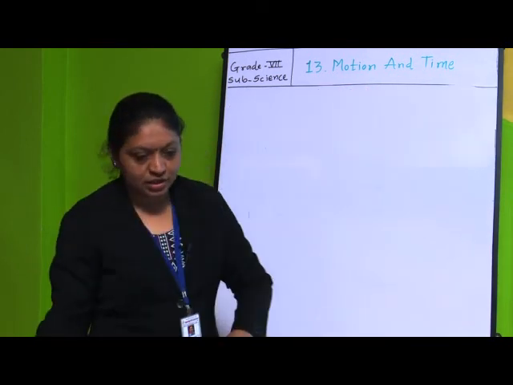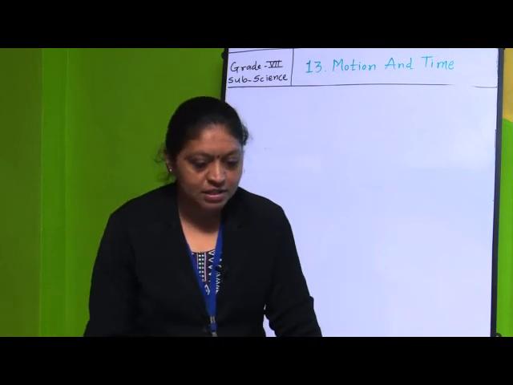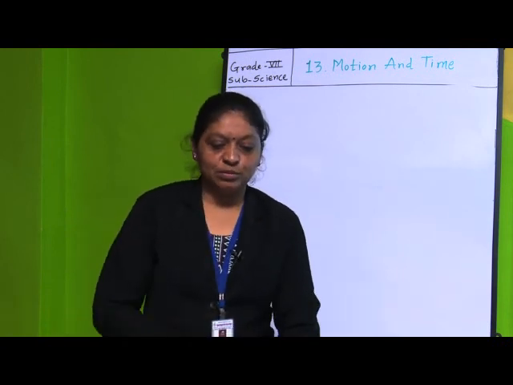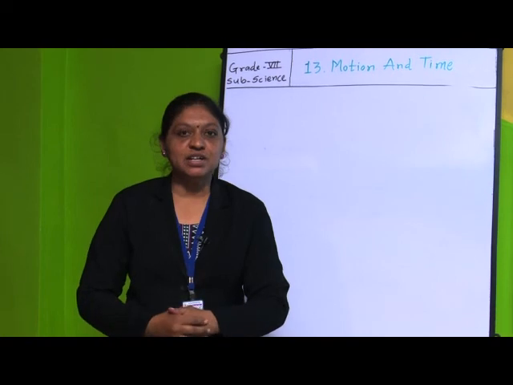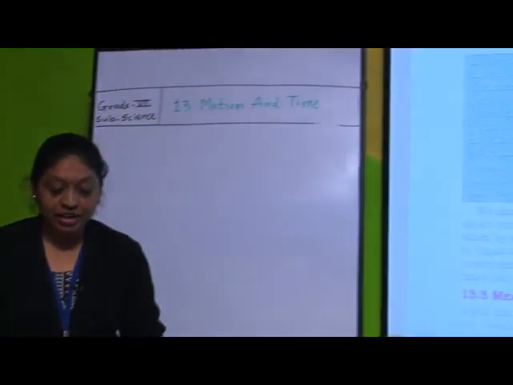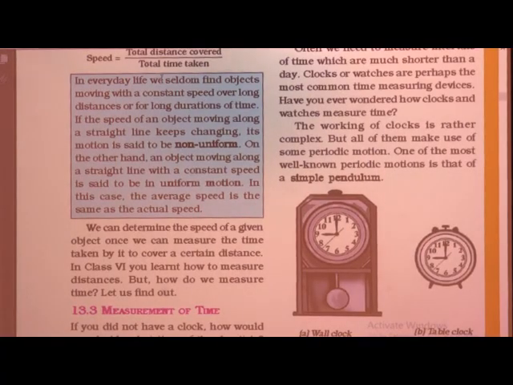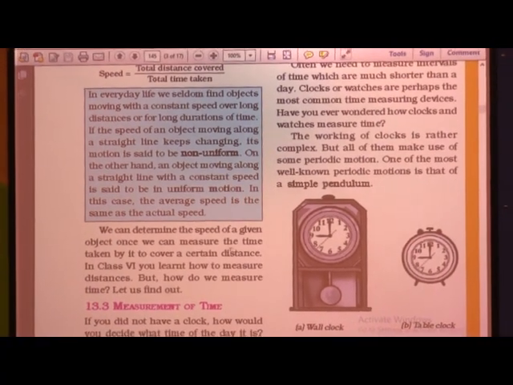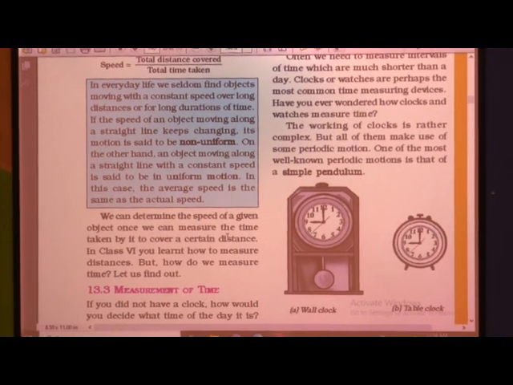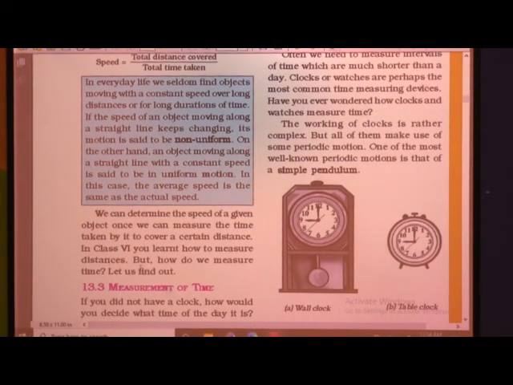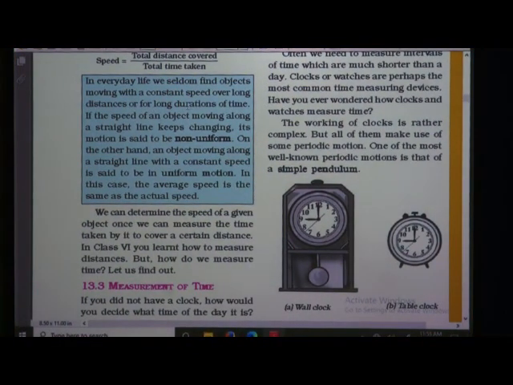So next point: in everyday life we seldom. There is a box given with extra information in your textbook, that is, in everyday life we seldom find objects moving with a constant speed over long distances or for long durations of time.